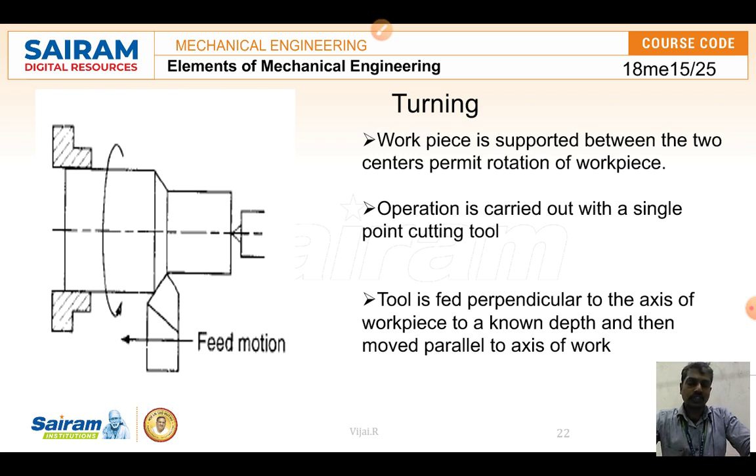If the workpiece is very long, then it can be supported with another center, called the dead center, which is located in the tailstock. So the workpiece is supported between the live center and the dead center, and it can be rotated at the required speed. It depends upon the operation, so we can adjust the speed of the spindle which is rotating.